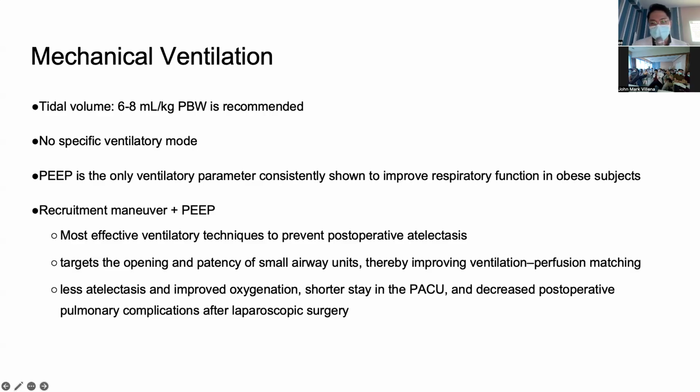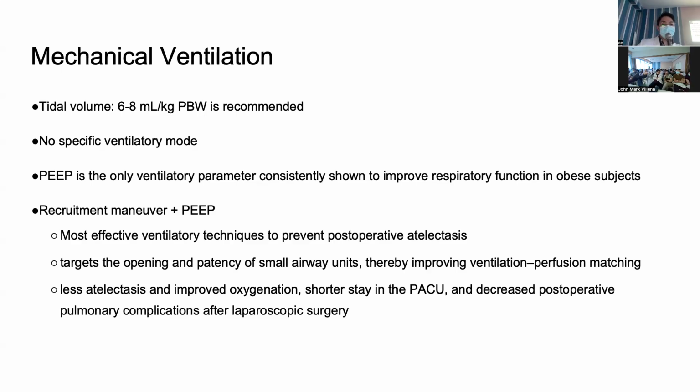No specific ventilatory mode was found significantly better for oxygenation and carbon dioxide clearance in obese patients. PEEP is the only ventilatory parameter consistently shown to improve respiratory function in these patients. We may make use of recruitment maneuvers plus PEEP as the most effective technique to prevent post-operative atelectasis.